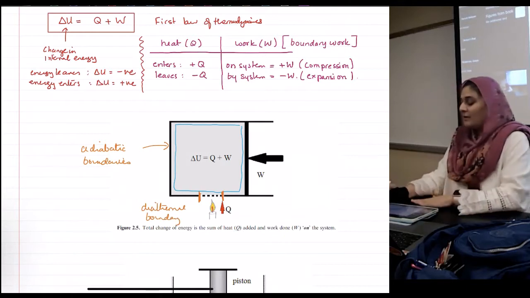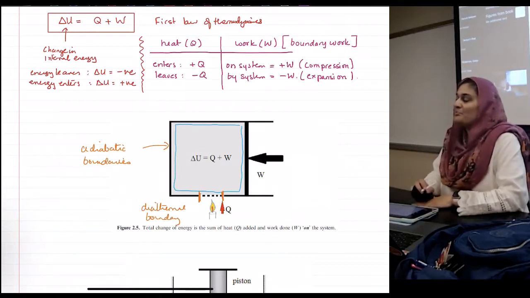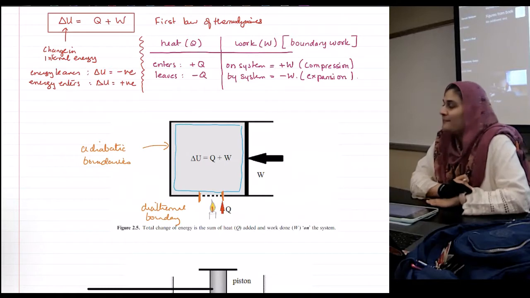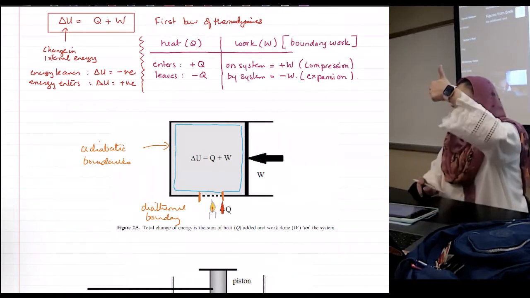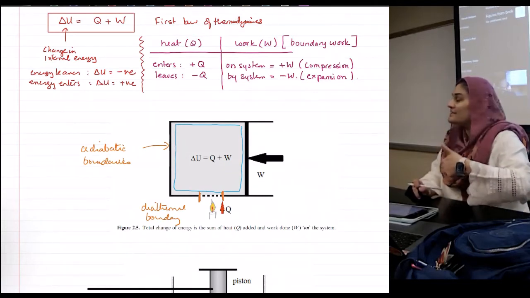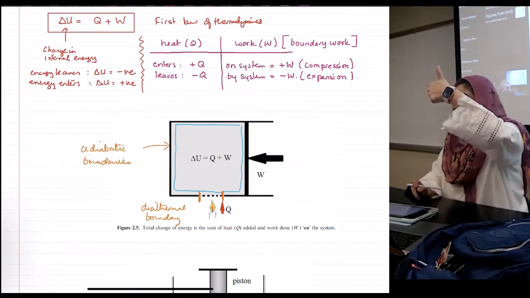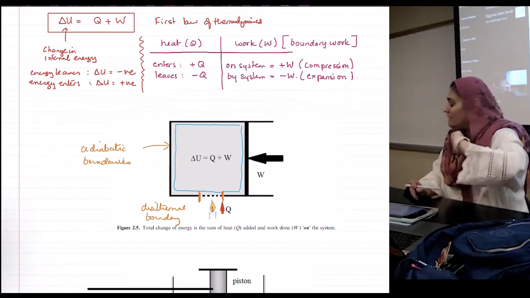Okay. When Q is plus, what happens to delta U? Goes up. What happens to the temperature of my system? Good? Okay.